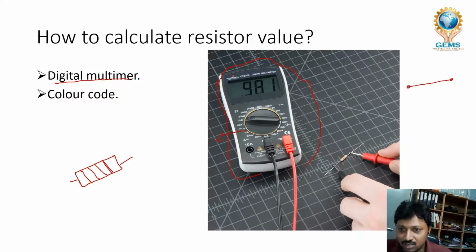Of course, this conductor is covered by an insulating material. Inside the conductor, the copper wire is there, and the copper wire is covered by insulator. Sometimes maybe some breakage happens. That can be found by checking this continuity.